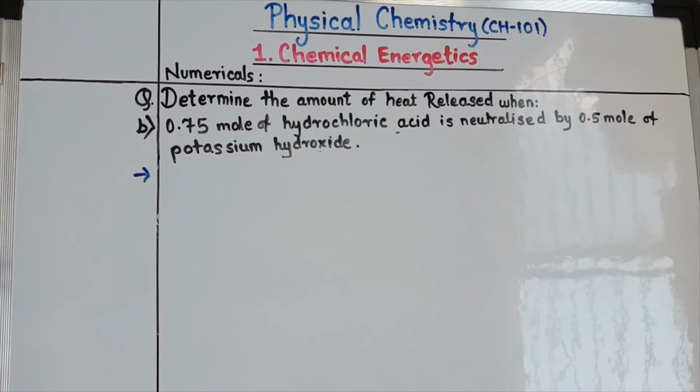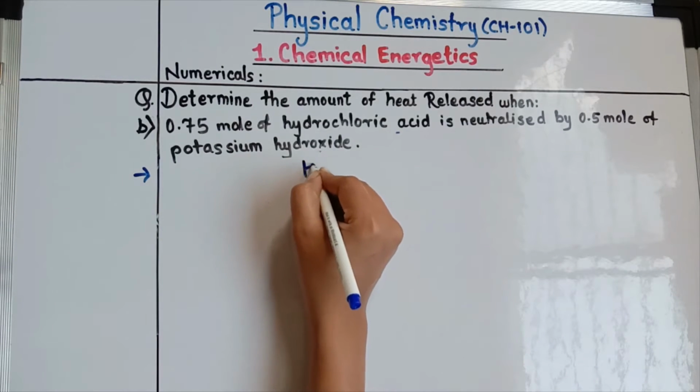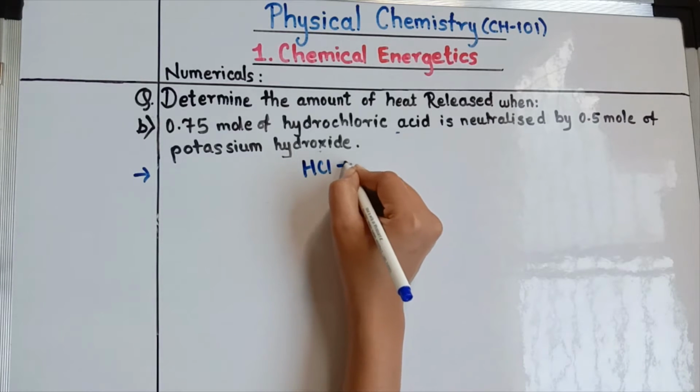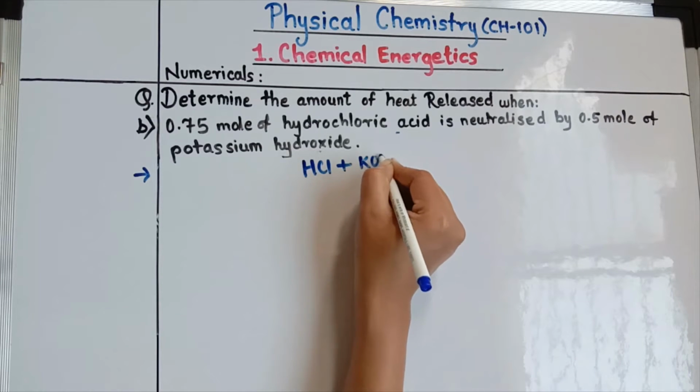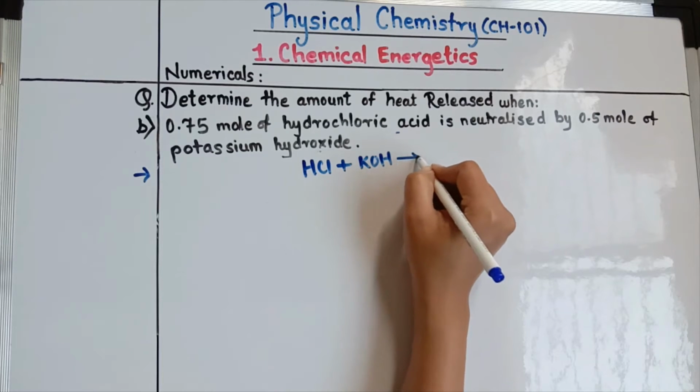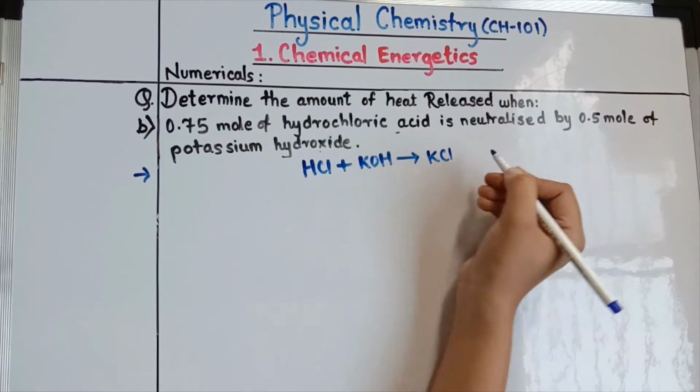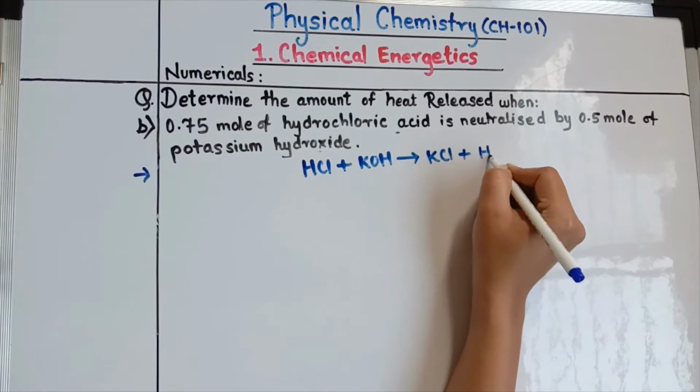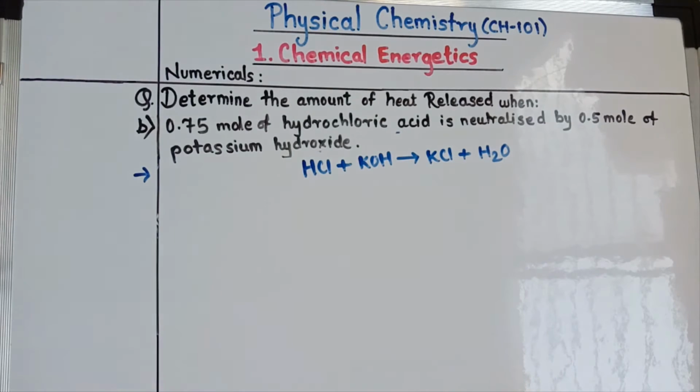So our next sub-question is: determine the amount of heat released when 0.75 mole of hydrochloric acid is neutralized by 0.5 mole of potassium hydroxide. First of all, we will write the given chemical reaction: HCl reacts with KOH to give KCl plus H2O. What is given?